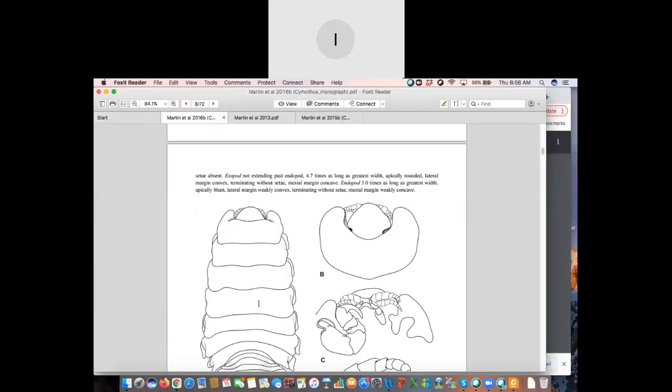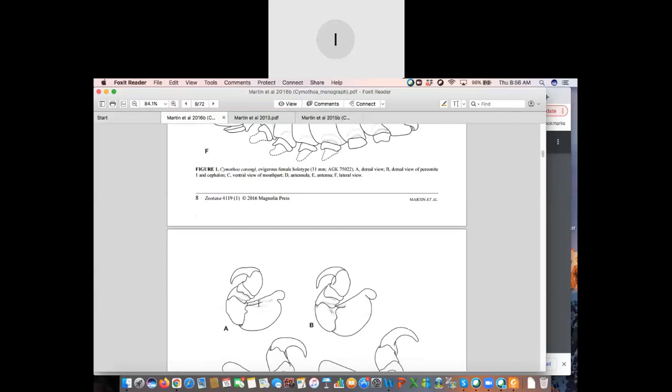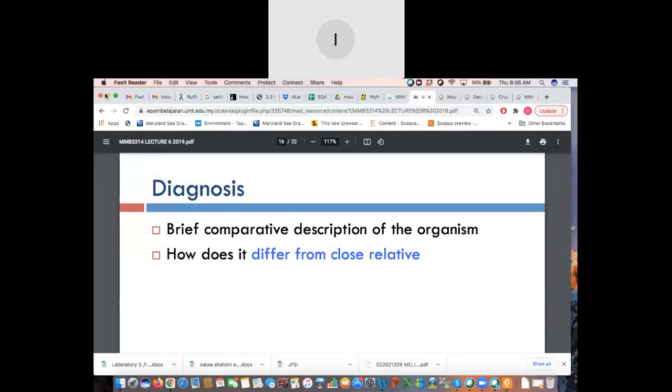But when you come to a diagnosis, you don't want to torture the person by explaining all of the 100 different descriptions. So out of those 100, what are probably the top 5 or top 10 most immediate diagnostic characters to help you identify that species and differentiate it from other species? So this is what a diagnosis is.